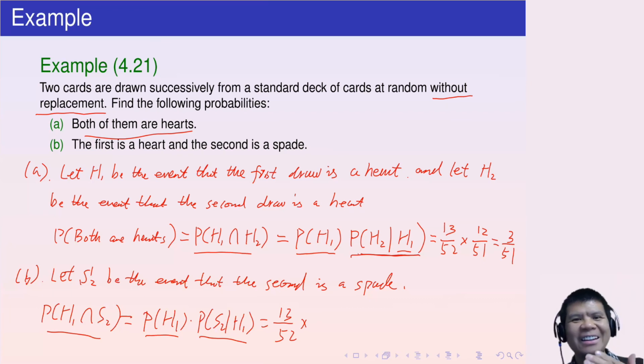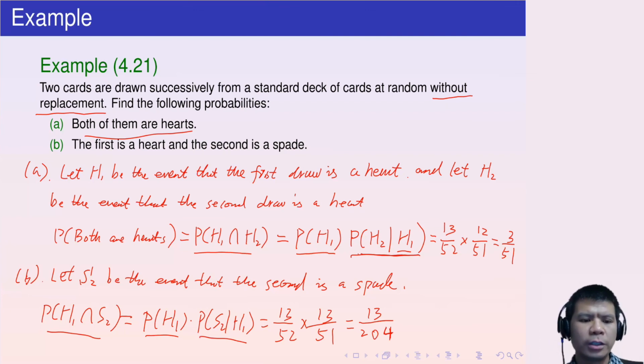Again, there are 51 cards remaining, among which there are 13 spades. So this conditional probability is 13 out of 51. Be careful on that. So this will be 13/204.